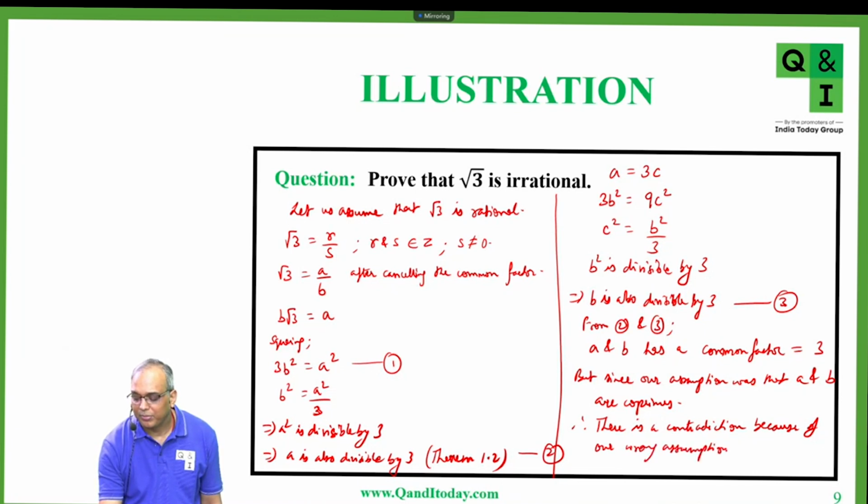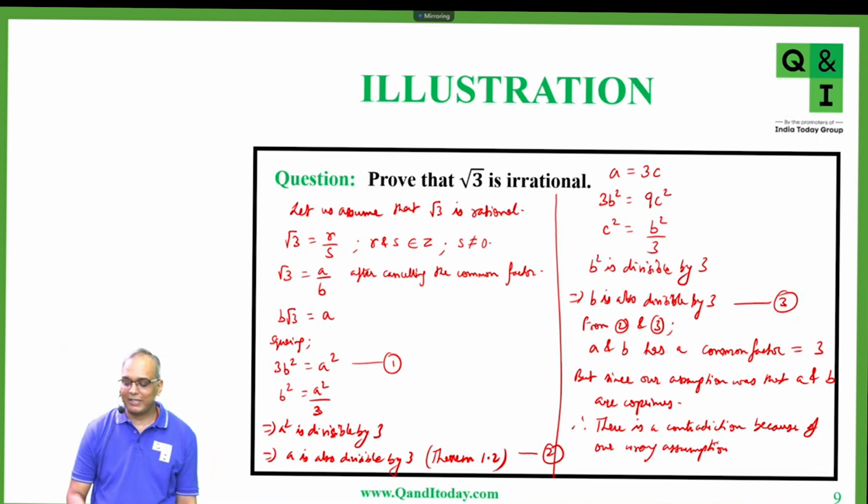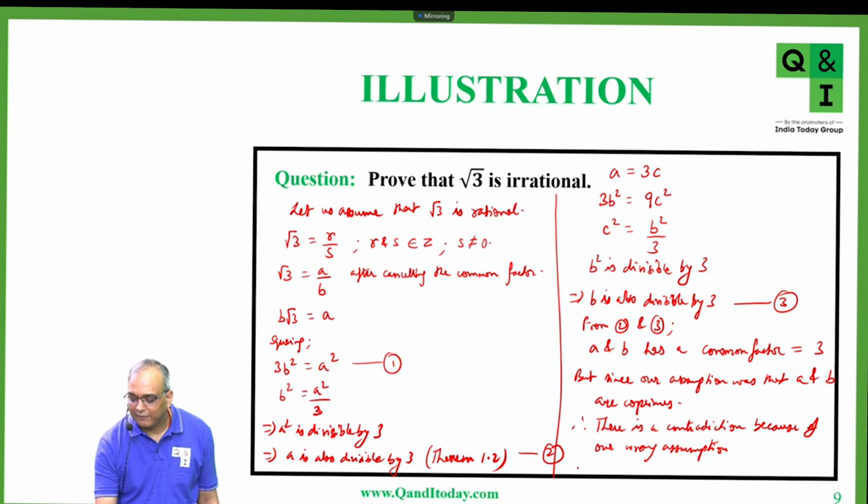Because of this wrong assumption, there is a contradiction here, and that's why we say that root 3 is irrational. Our assumption was root 3 is rational, and because that is wrong, we'll safely say that root 3 is irrational.